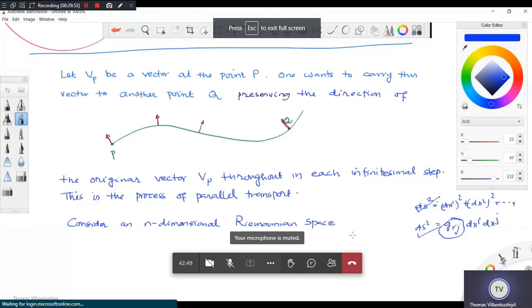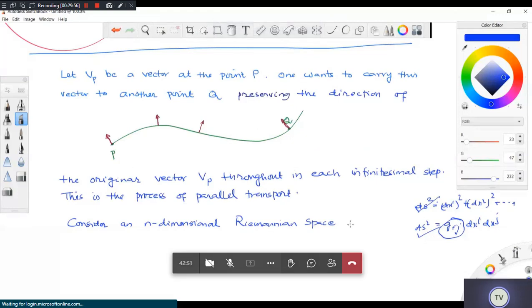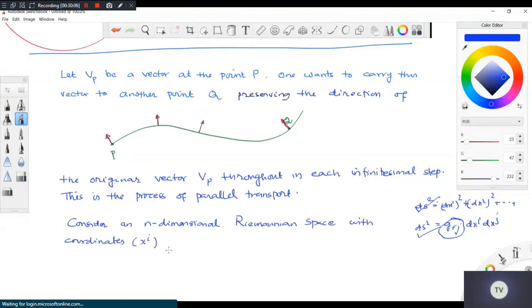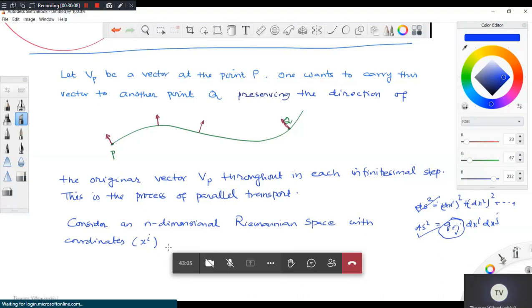Okay, Riemannian space with coordinates xi. I denote the coordinates x1, x2, etc., xn, and the metric tensor gij, which I am describing here.